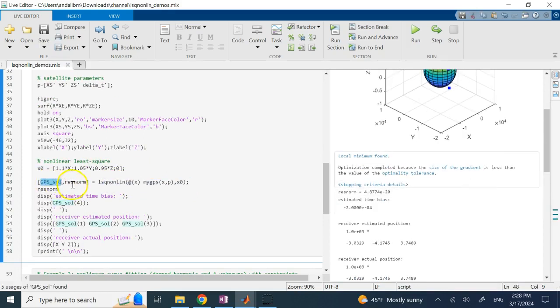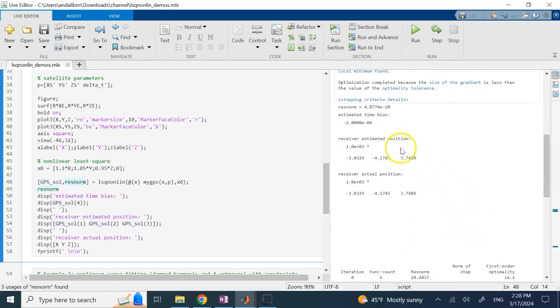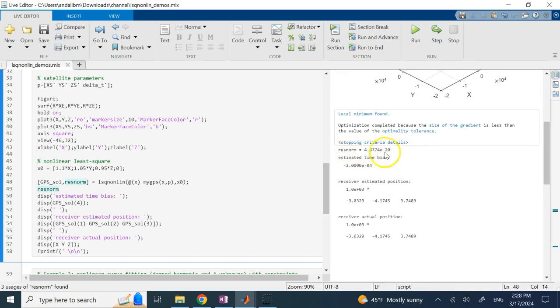It gives me the solution as well as the residual norm. Now this guy is really that f of x at the very end. And if you look at it here, you see that the residual norm at the end is 4.8 times 10 to the negative 20, which is practically 0.